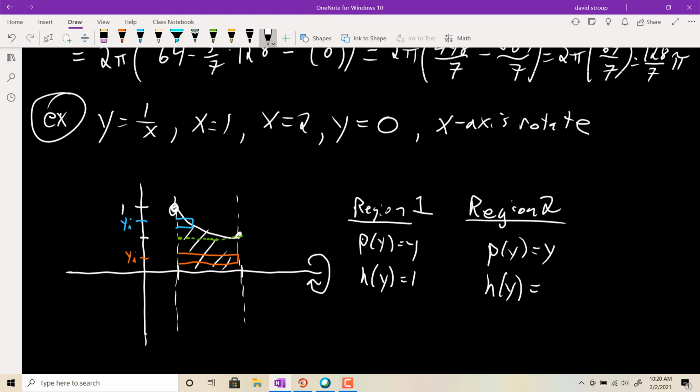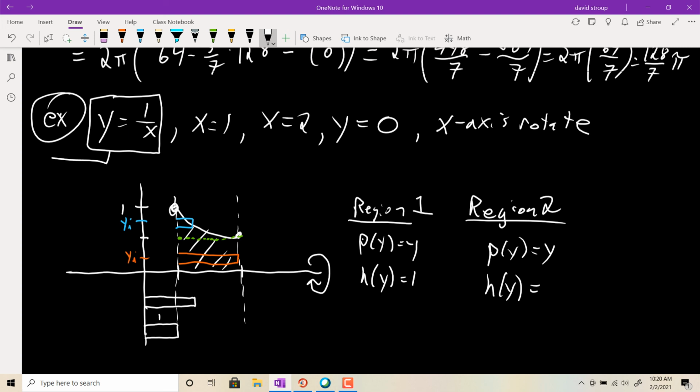So what is the height formula then? Well, given y sub i, it looks like I'm going to have a difference of 2 rectangles, right? So that blue rectangle will be the difference between this rectangle here and this rectangle here. Okay, so that first rectangle is variable and it's dependent on this formula, y equals 1 over x.